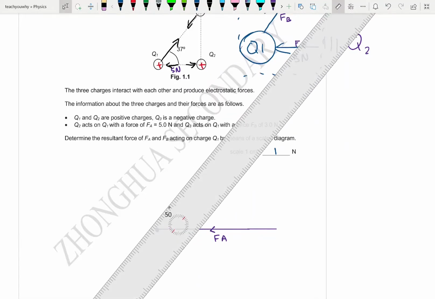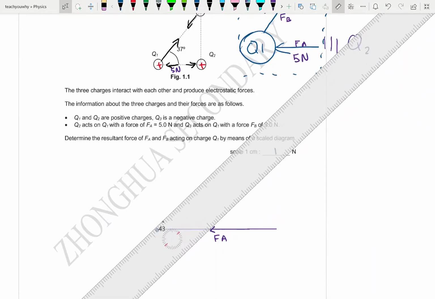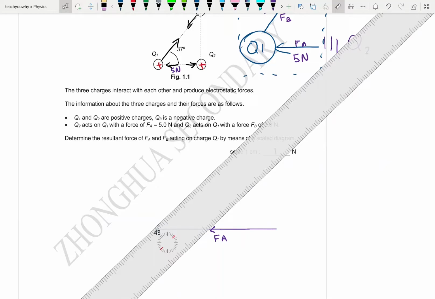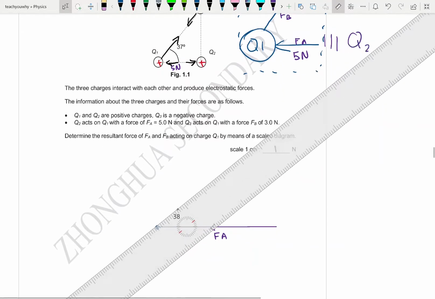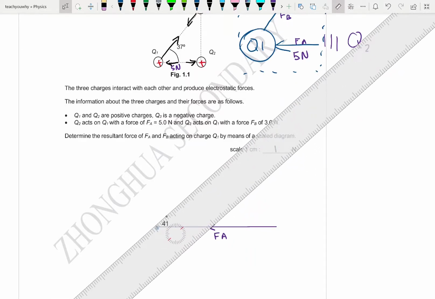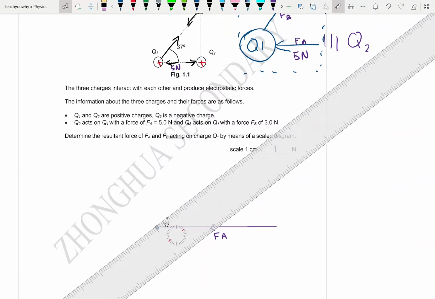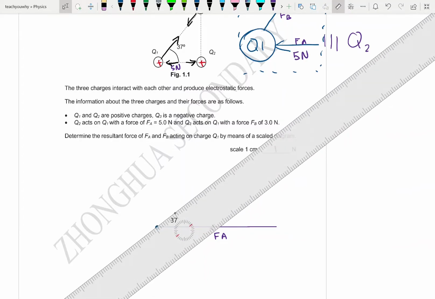And now I'm going to draw FB. FB is pointing outwards. Okay, so same thing. Take note, why am I using 37 degrees against the horizontal?